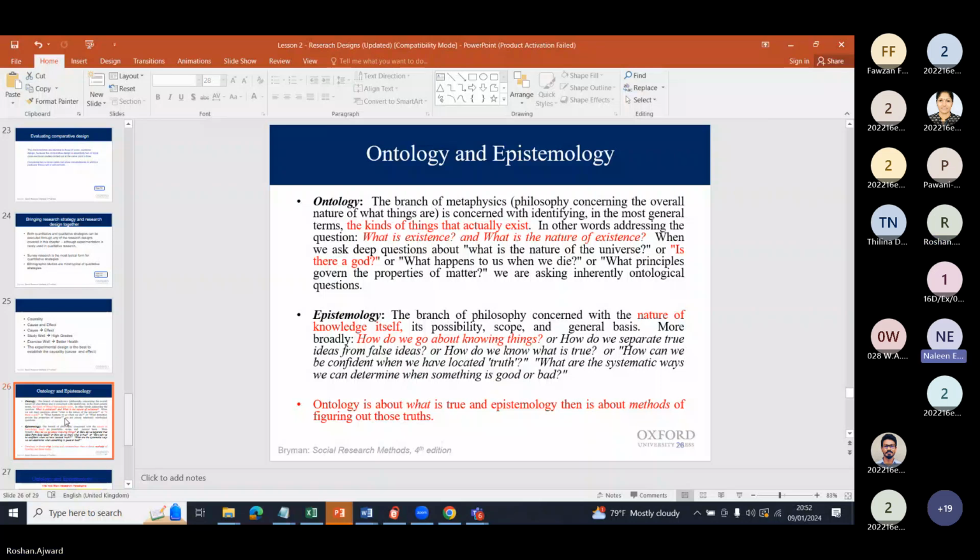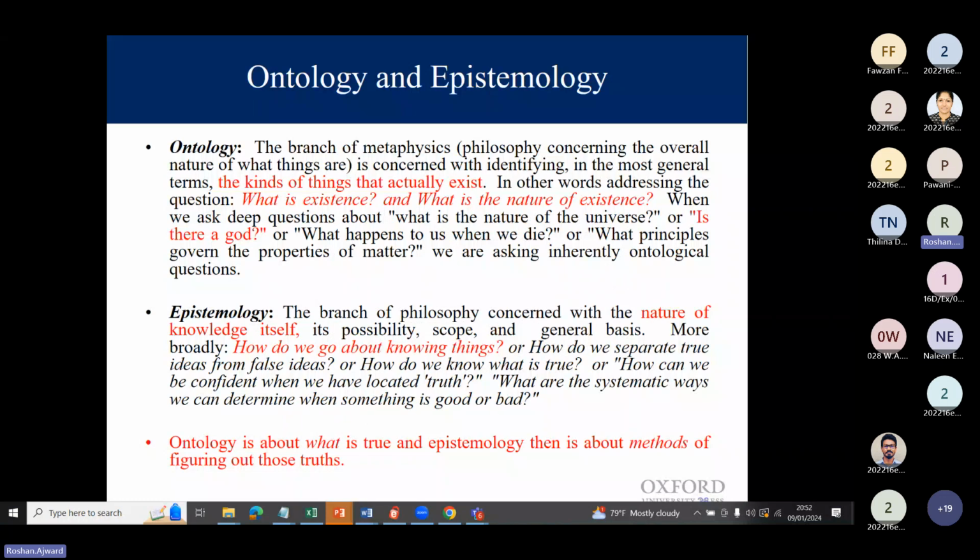No. Big words, but small things. Ontology is a branch of metaphysics concerned with identifying, in the most general terms, what kinds of things actually exist. It's about existence.